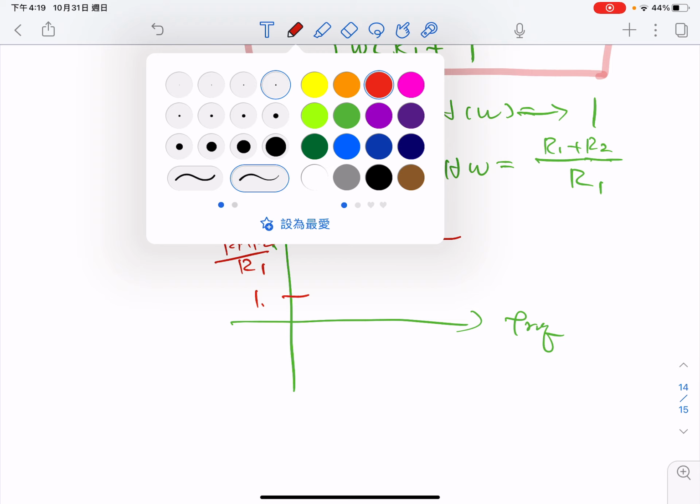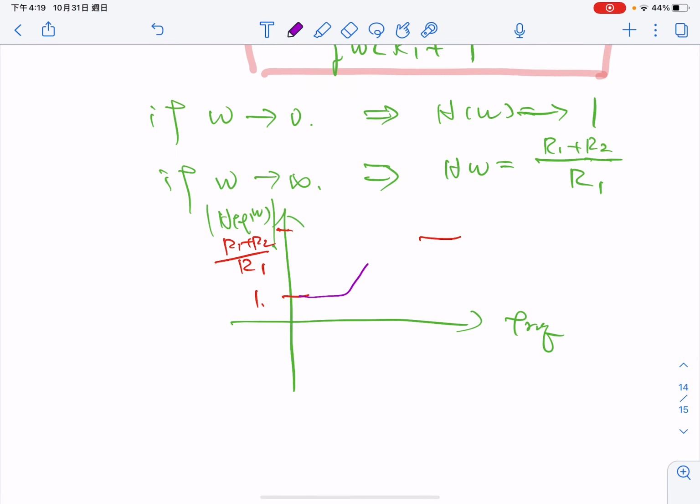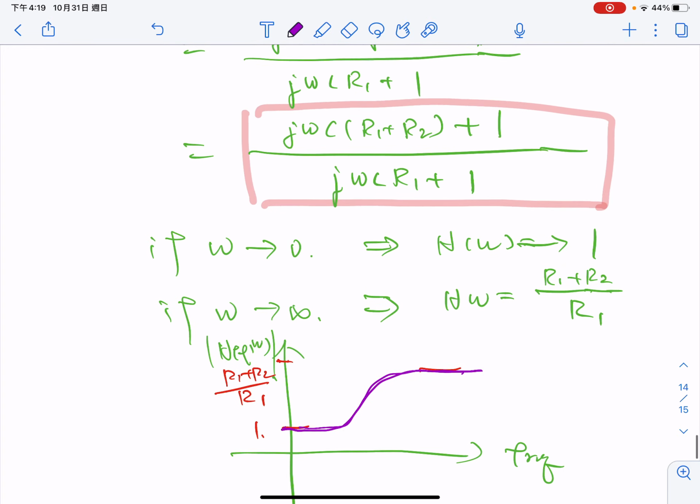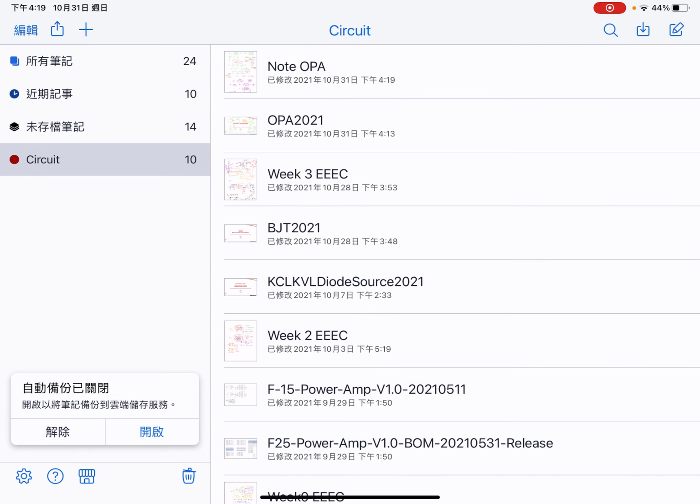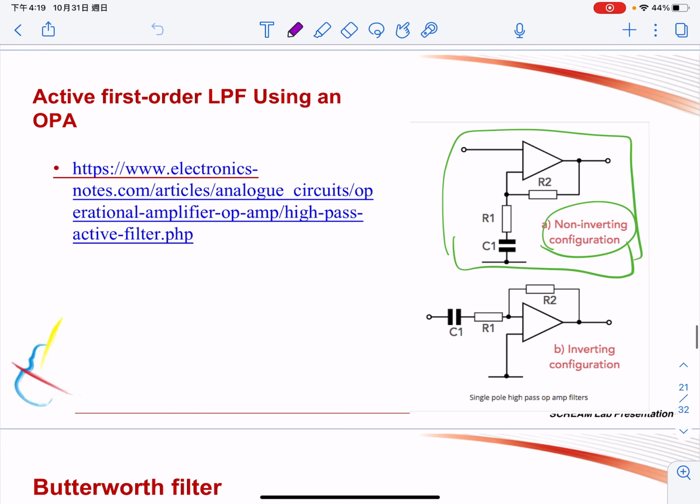So the frequency response will be something like this. Okay, so this is the high pass filter. No, this is not a low pass filter. So I was wrong with this one. This should be a high pass filter. Sorry.